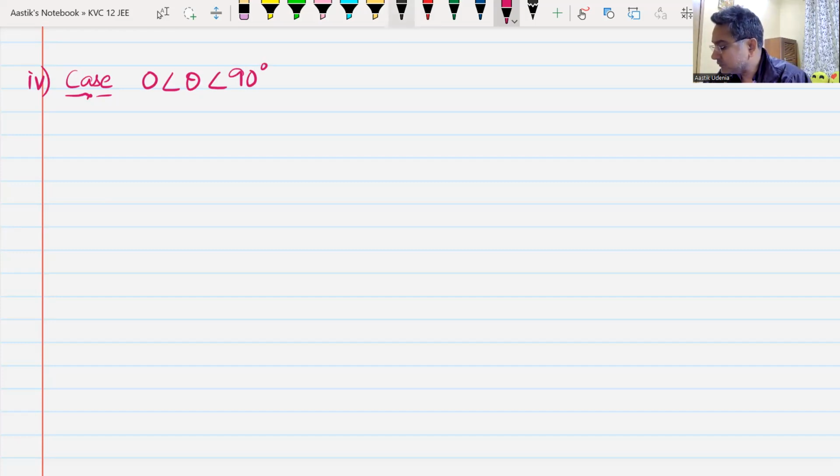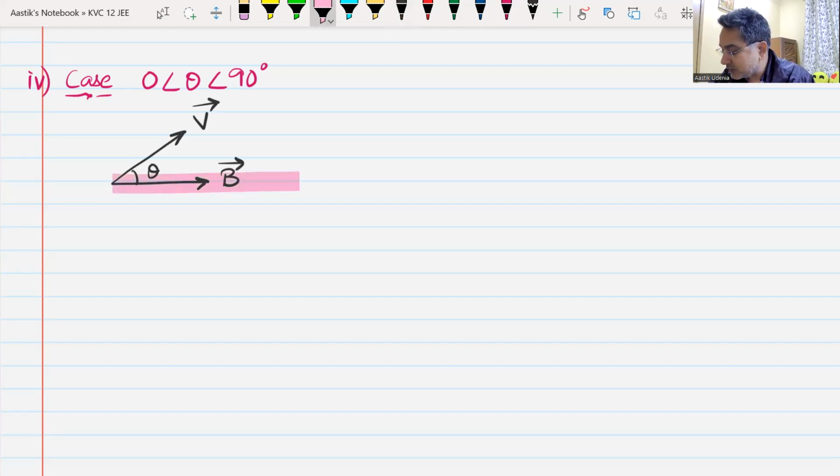So, my dear friends, let us say your magnetic field goes like this, and your velocity goes like this. They are inclined to each other at an angle theta.